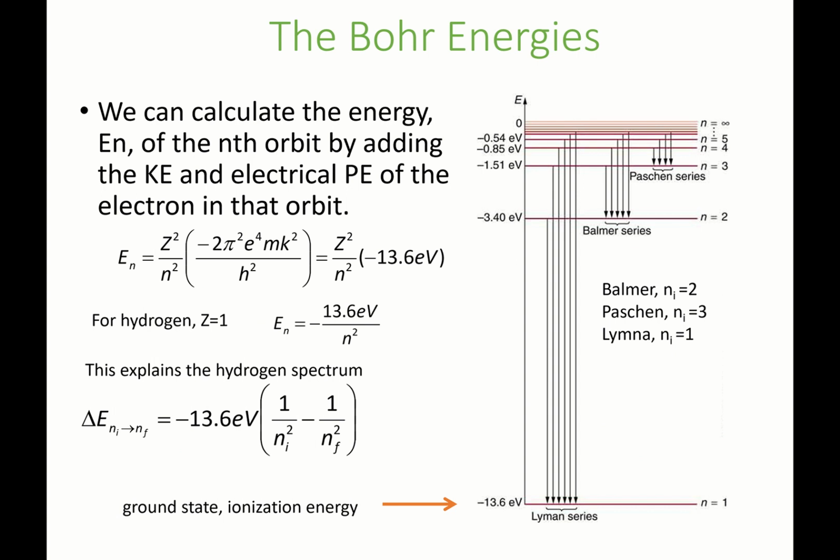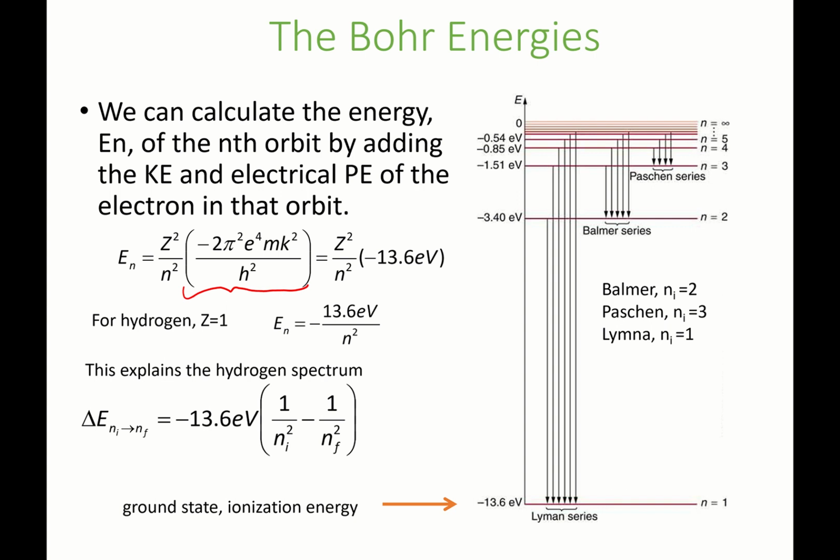We can also calculate the energy of each orbit by adding the kinetic energy, one half mv squared, where we had an equation for v, and the electrical potential energy for the electron in that orbit. When we do that, we get Z squared over n squared times another set of constants. That set of constants together comes out to minus 13.6 electron volts.